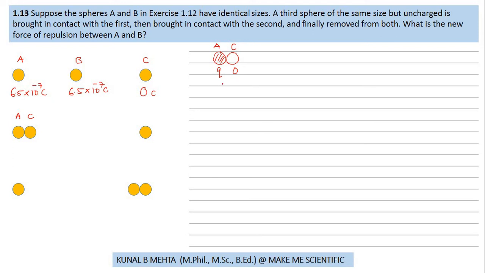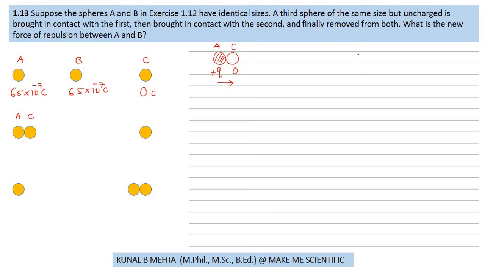The charge transfer is going to happen from high potential to low potential. Since A is already having positive charge, it will have some positive potential, and C does not have any charge, so C has 0 potential. So the charge transfer will happen from A to C, from a body of high potential to a body of low potential, such that the potentials become equal.